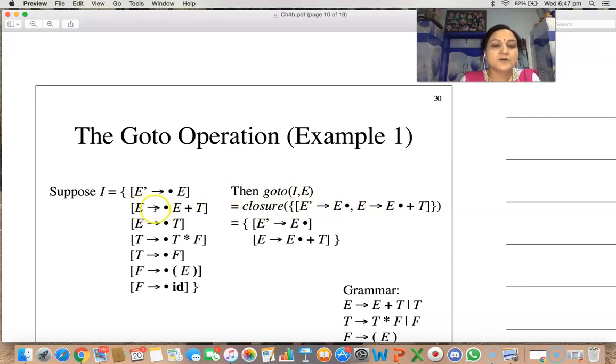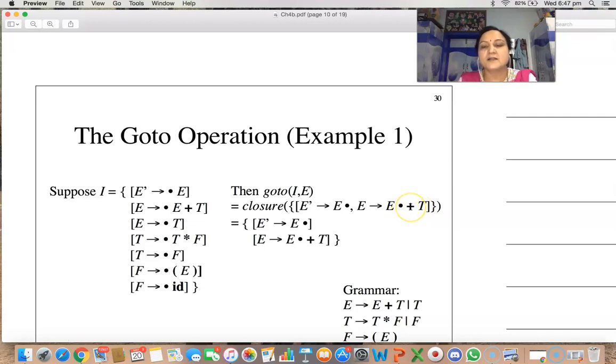Then there is one more production where the dot is before E. Here also the dot has to be shifted because we are reading E. So closure of goto(I, E) is E' tends to E dot, E tends to E dot plus T.